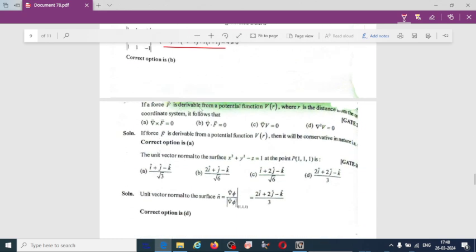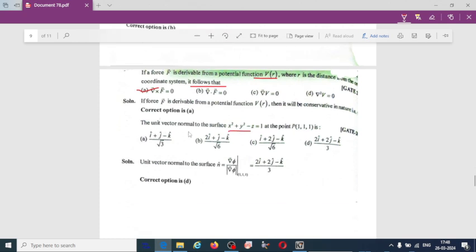If a force F is derivable from a potential function where r is the distance from the coordinate system, it follows that obviously del cross F is 0. The unit vector normal to the surface x square plus y square minus z equal to 1 at the point.